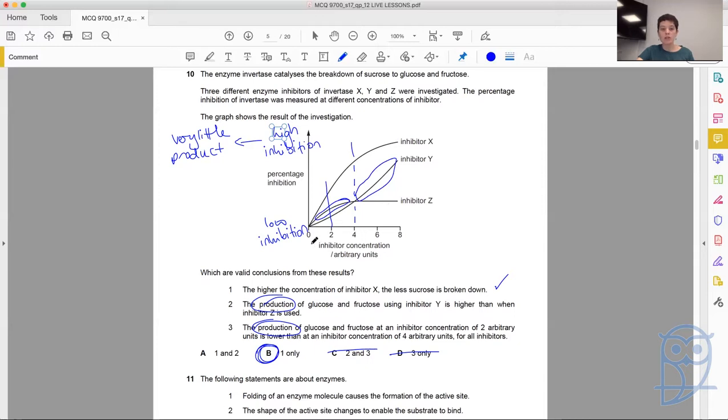At low concentrations, then Z is more effective. At higher concentrations, Y is more effective. Let's finish that. So it's really important that you break down each of these very, very firmly so that you know exactly what is going on.